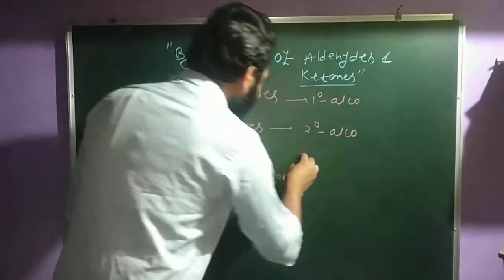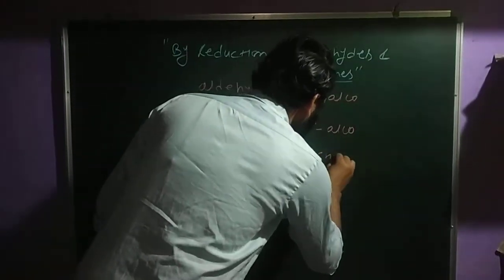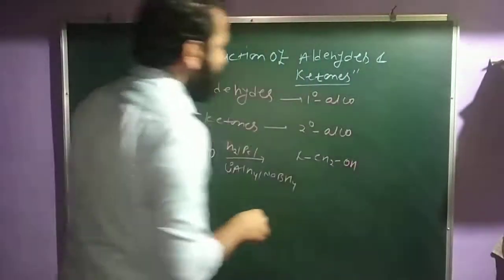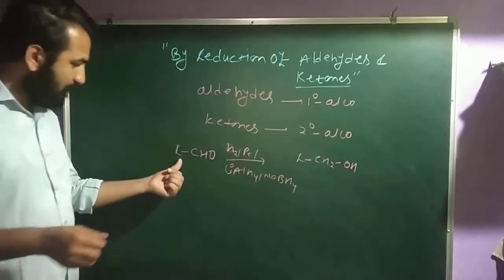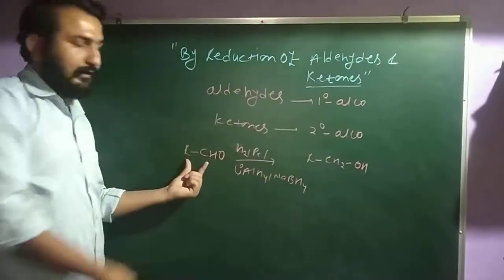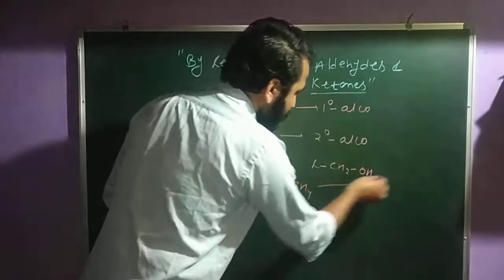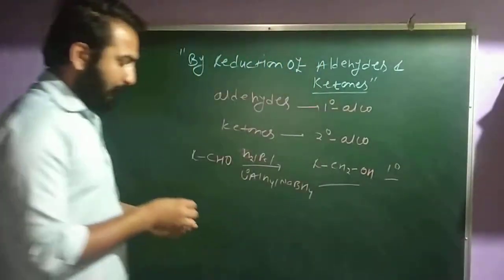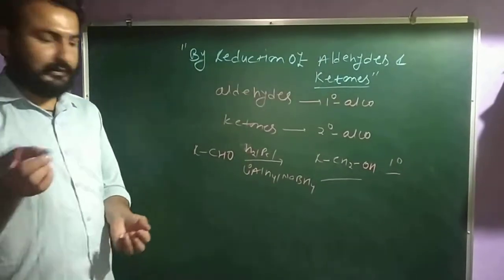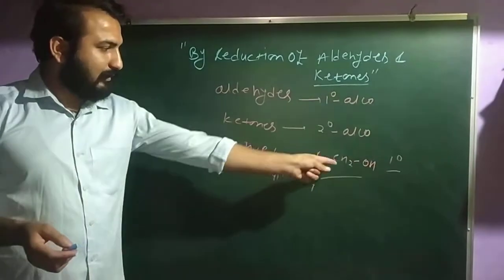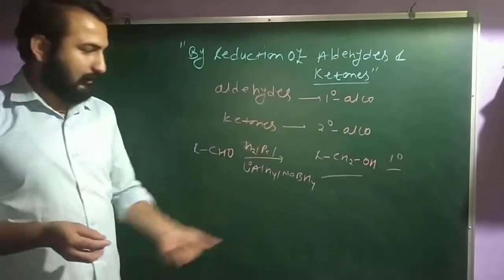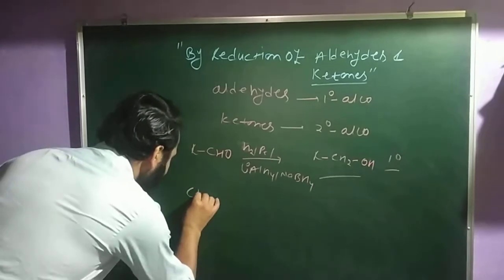Then the product is RCH2OH. RCH2 and OH. This is your primary alcohol. Is it clear? RCHO gives RCH2OH. Clear?